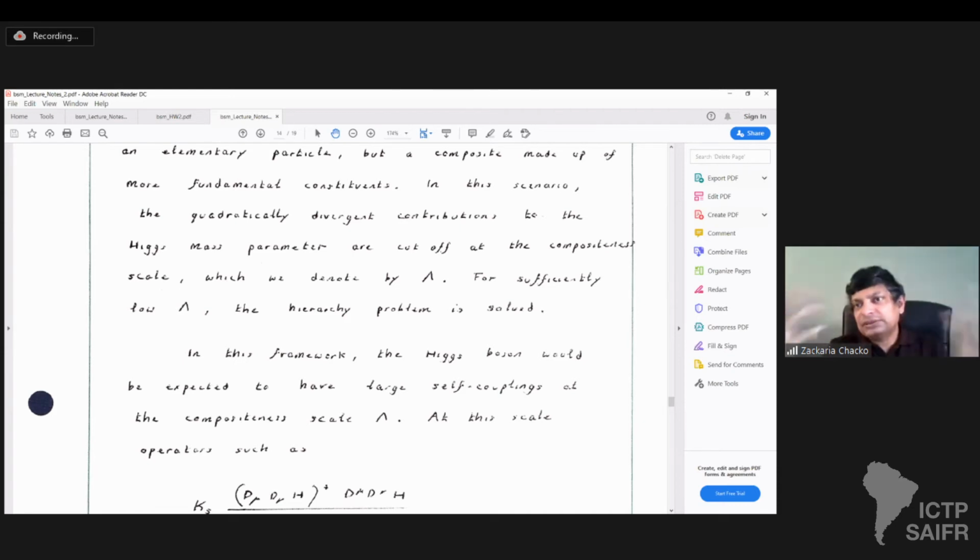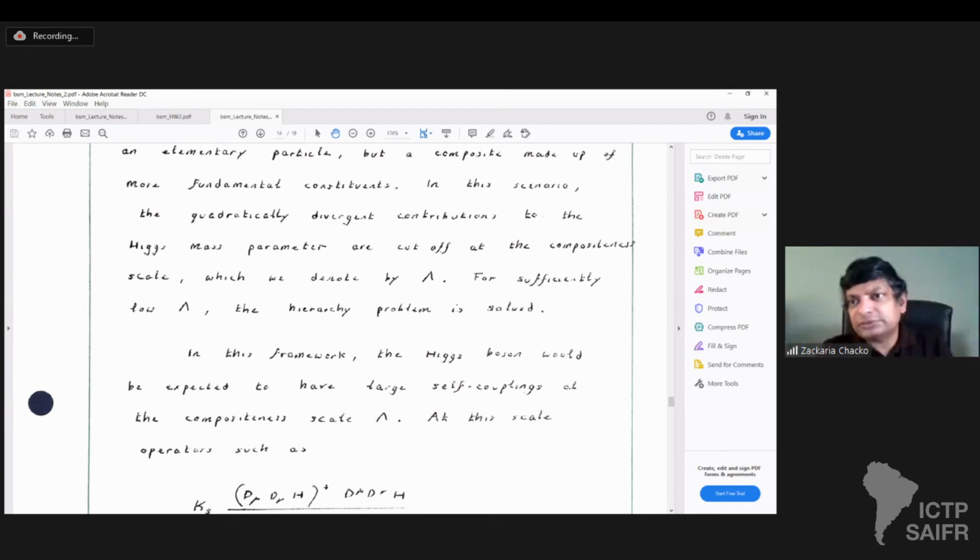Think of the pion. At low energies, the pion is weakly coupled. But once you start scattering at energies of order GeV, which is the compositeness scale of QCD, the pion is very strongly interacting.